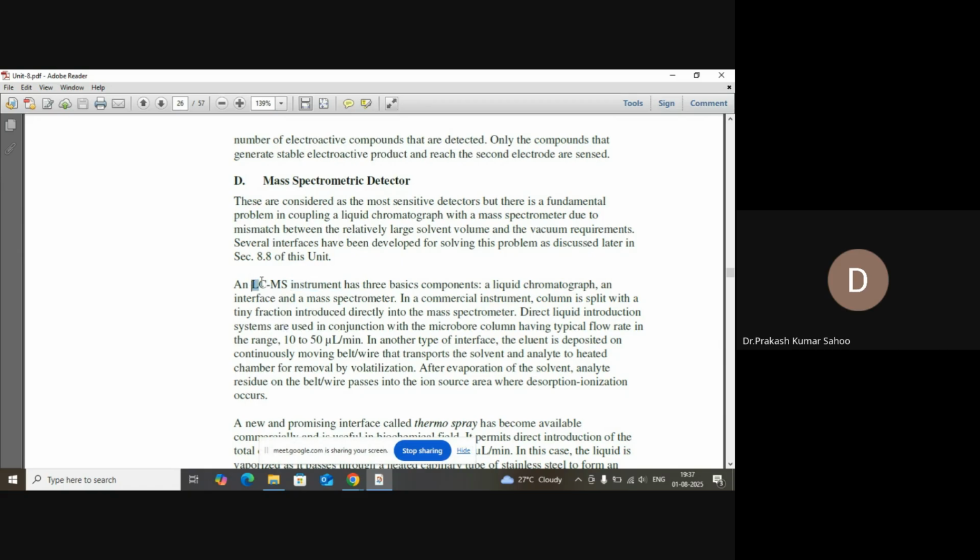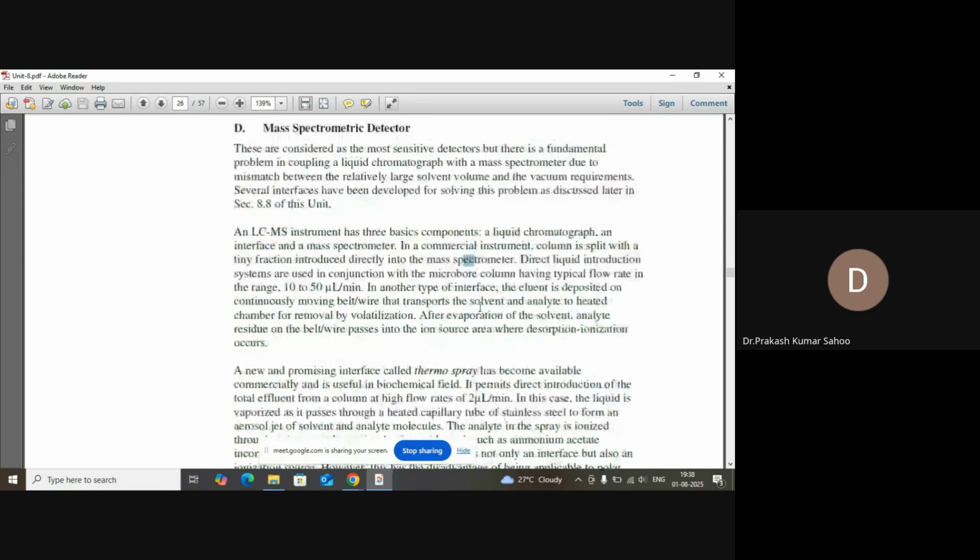Specifically, GCMS was used, and this LCMS is also very sensitive and a well advanced and modern tool to separate or to know the different constituents or components present in a sample. So here the liquid chromatography acts as the separator which separates the components, and mass spectrometry simultaneously determines the mass of the component which is separated from that sample or the mixture.